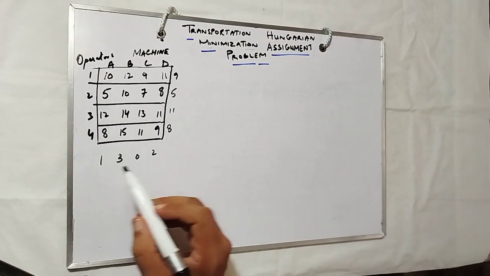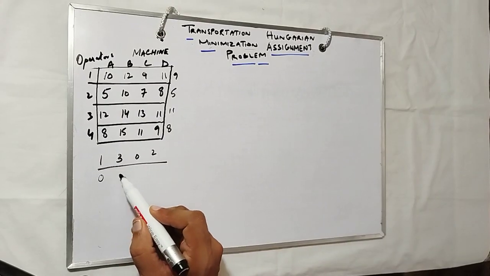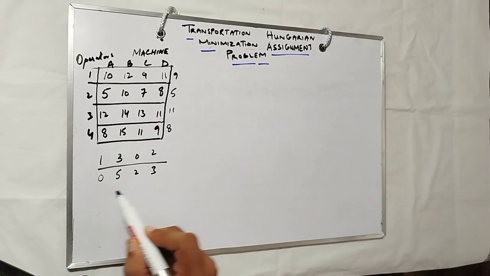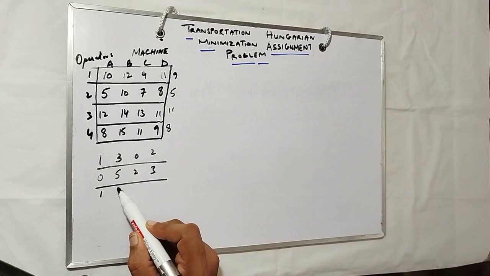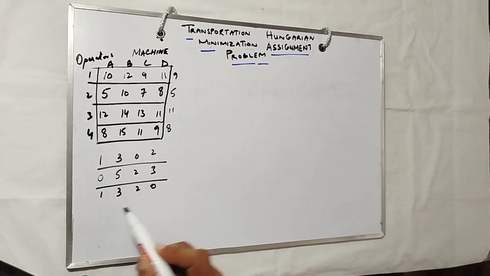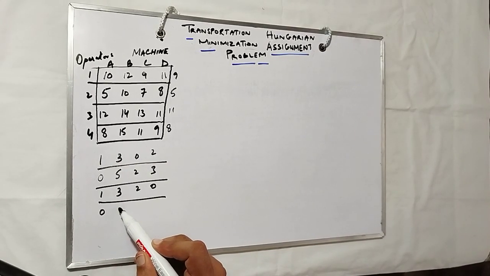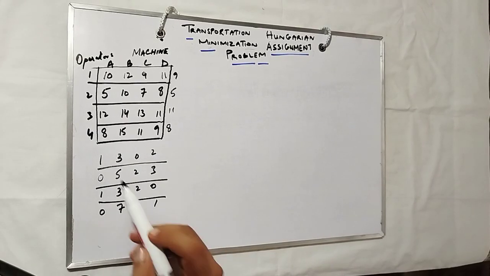It's 2. 5 minus 5, 0. 5, 2, 3. 1, 3, 2, 0. 0, 7, 3, 1.